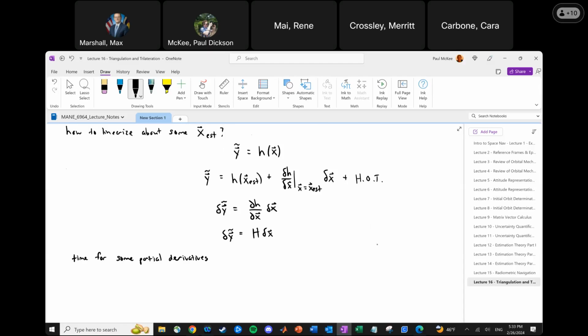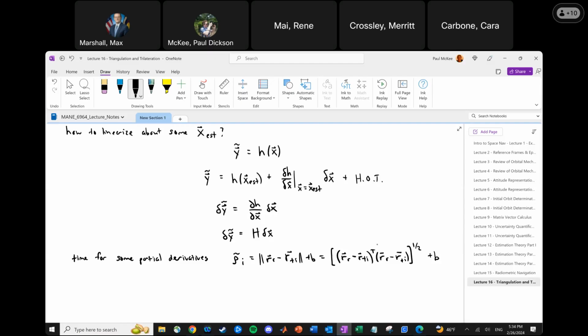So we've got rho i is equal to the norm of r_R minus r_Ti, plus B. And if I write this out, it's the same as r_R minus r_Ti transpose times r_R minus r_Ti, and then close to the 1/2 power, plus B. All I'm doing is writing out the norm.